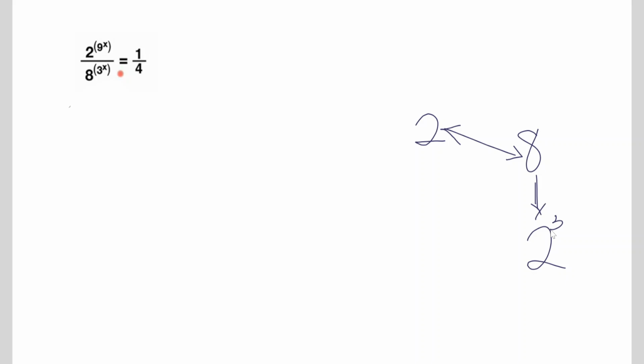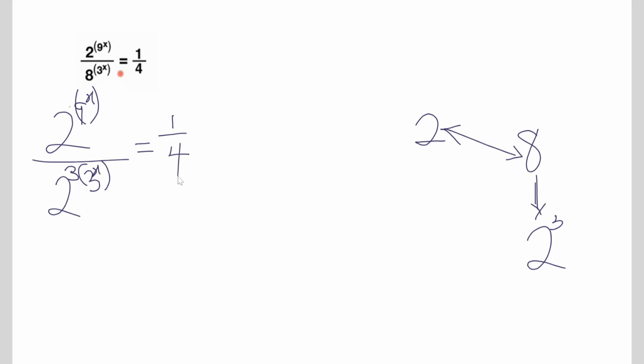So we are going to be having 2 to the power of 9, then to the power of x, over 2 to the power of 3, then multiplied by 3 to the power of x, everything equal to 1 over 4.